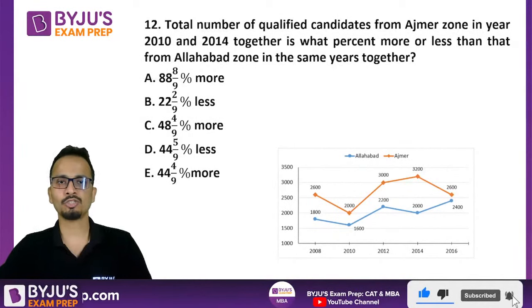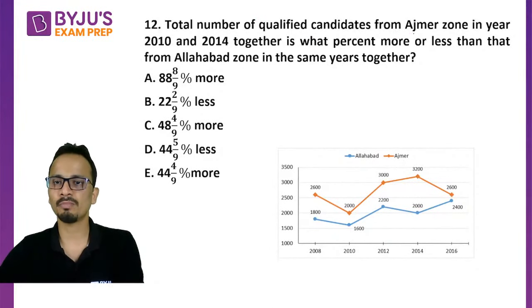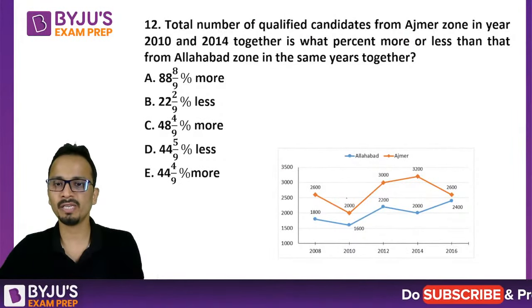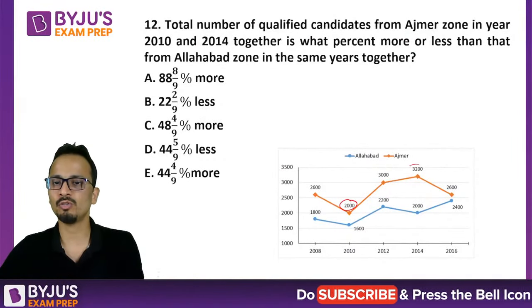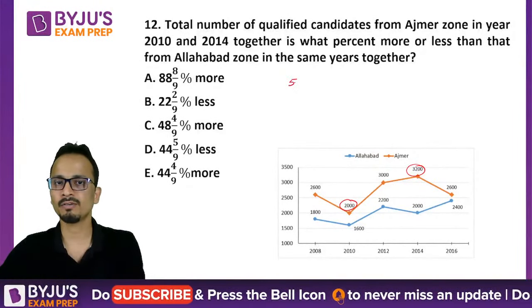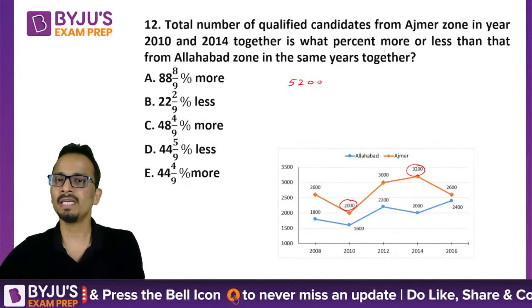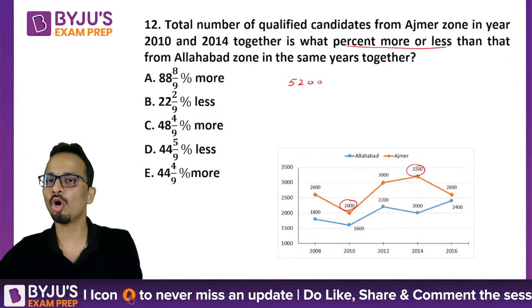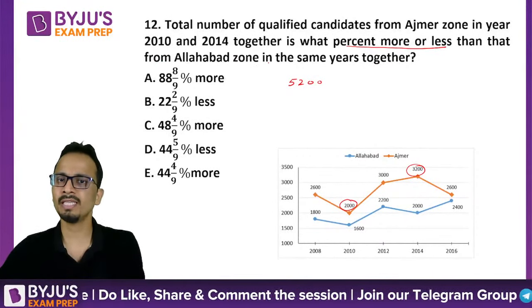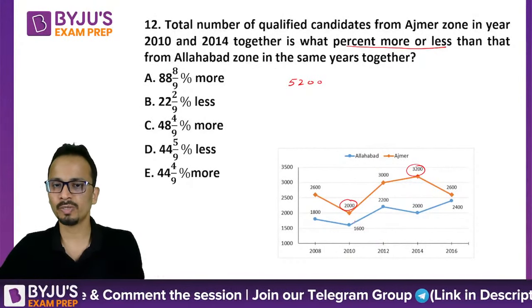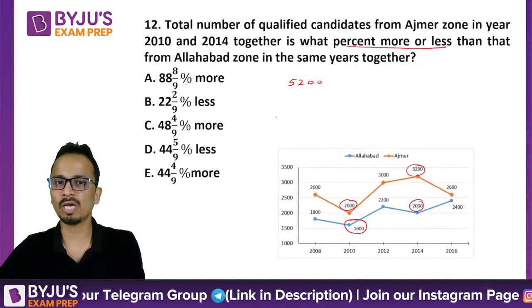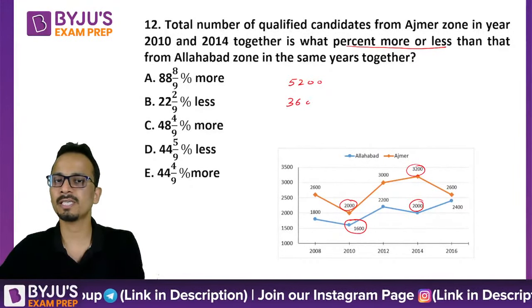Now, total number of qualified candidates from Ajmer in 2010 and 2014. So 2000 plus 3200 is 5200. Is what percentage more or less than that from the Allahabad zone in the same years together? So in the same years from Allahabad, it will be 1600 and 2000, that is 3600.